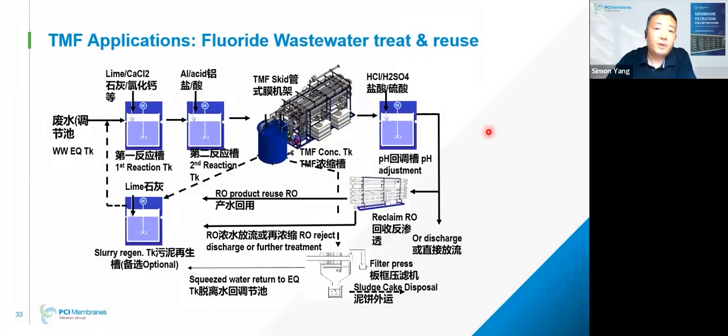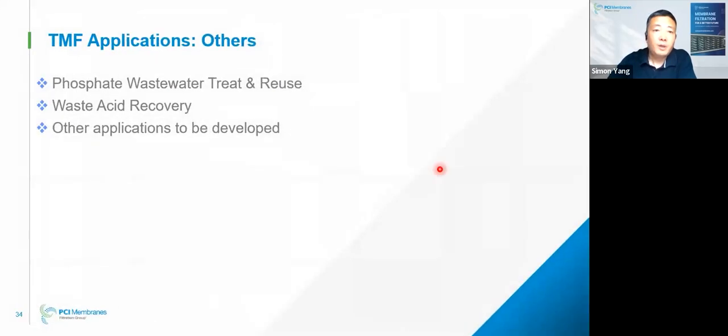And this is a flow diagram for a fluoride wastewater treatment and reuse system, just for your reference, because different engineering companies will design their chemical reaction stage based on their own experience. And some other applications, for example, phosphate wastewater treatment and reuse, and some waste acid recovery.